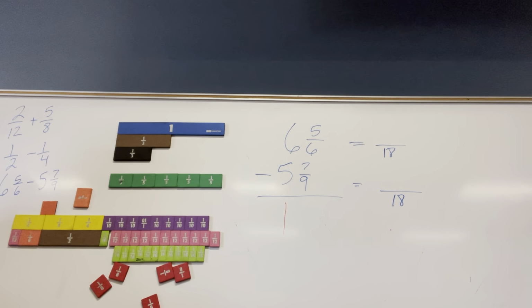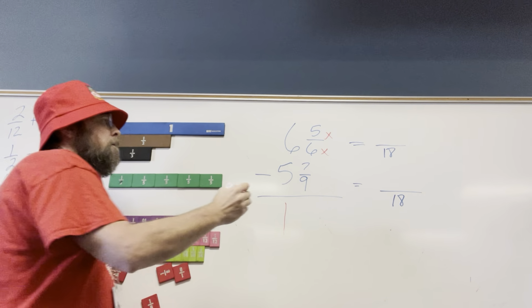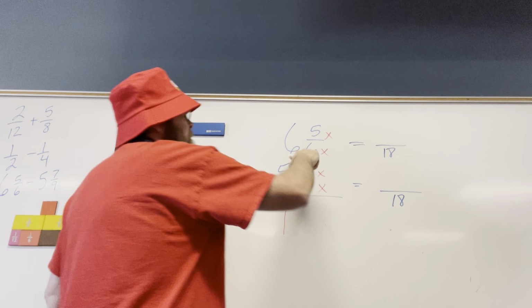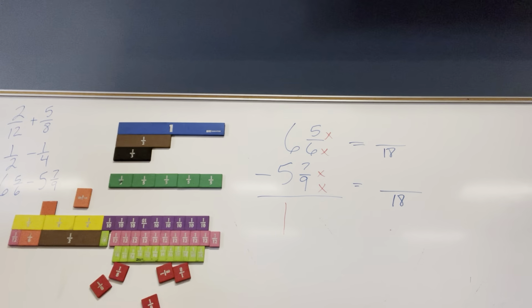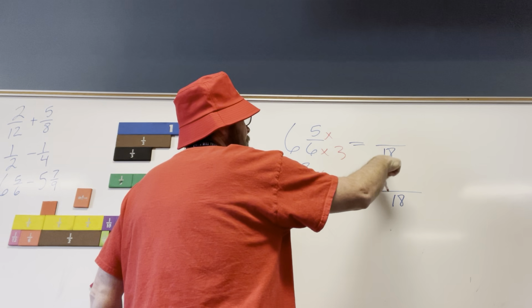Okay, 18. Now we need to solve our two equations. So 6 times what equals 18, Dax? 3. I multiply my denominator by 3 to make this equation true. 6 times 3 equals 18.